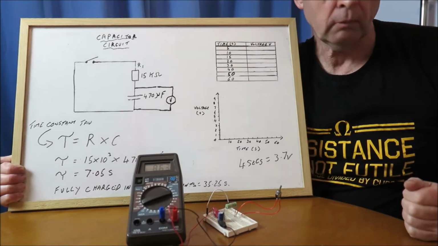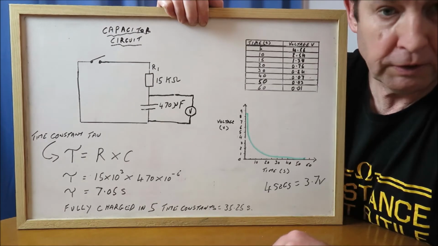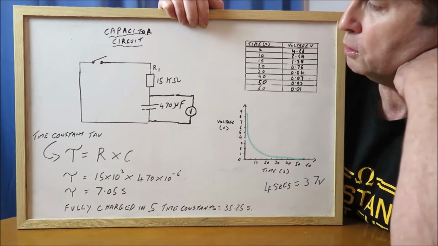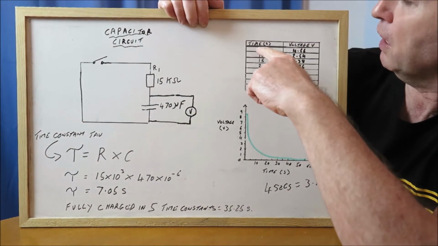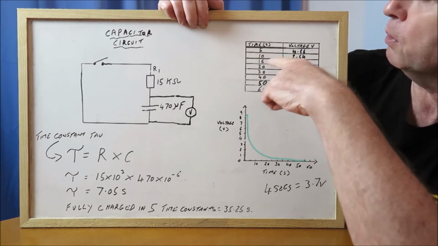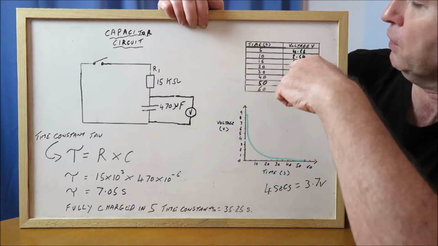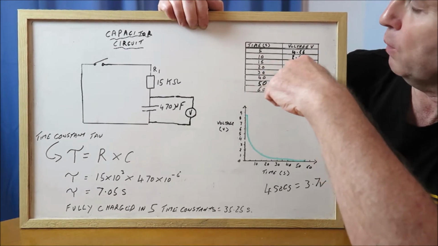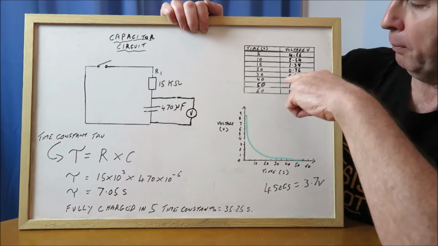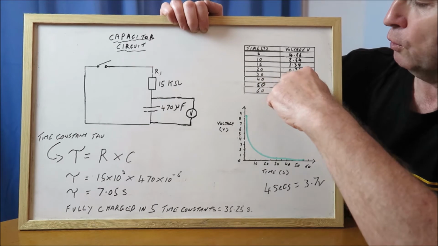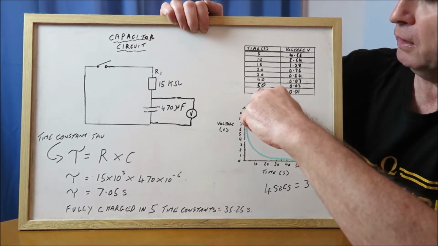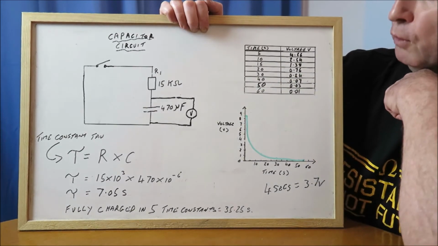So with no further ado, after discharging the capacitor through the resistor as per this circuit, after 5 seconds we were down to 4.66 volts, after 10 seconds 2.54, after 15 seconds 1.38, after 20 seconds 0.76, after 30 seconds 0.24, 40 seconds 0.07, 50 seconds 0.03 volts, and finally after 1 minute it was 0.01 volts.